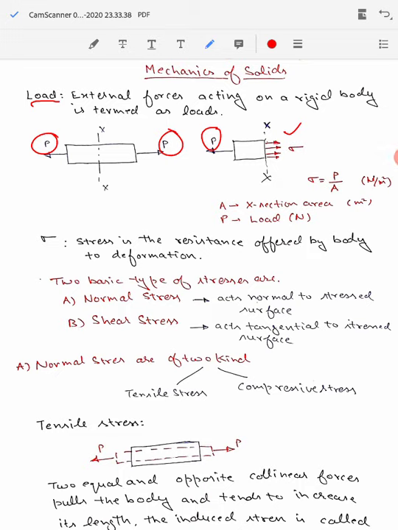So stress, which is represented by sigma, is nothing but applied load divided by the cross section area of the body. The applied load is given in Newton and the cross section area is in meter square, so the stress value will be in Newton per meter square. So we can define the stress sigma as the resistance offered by the body to the deformation.